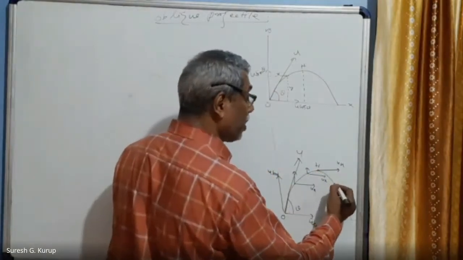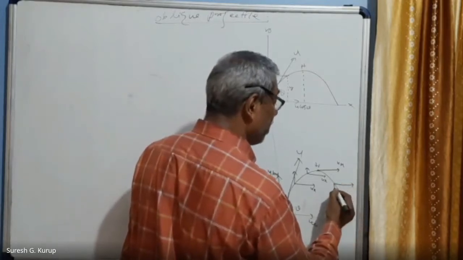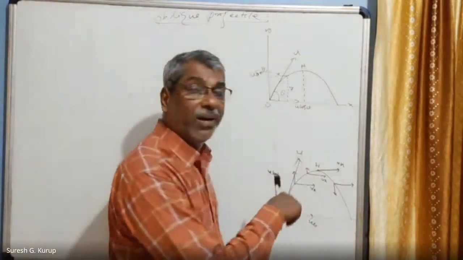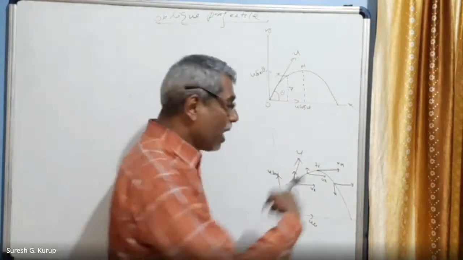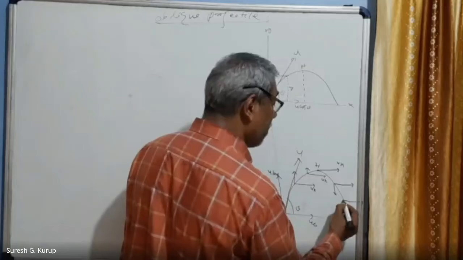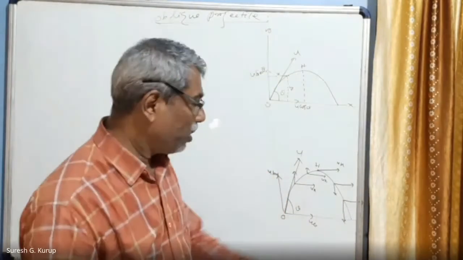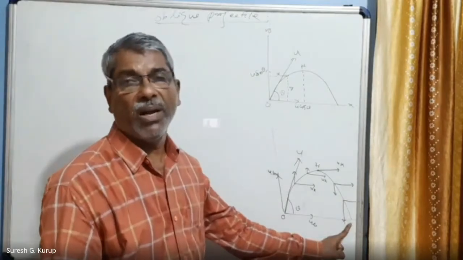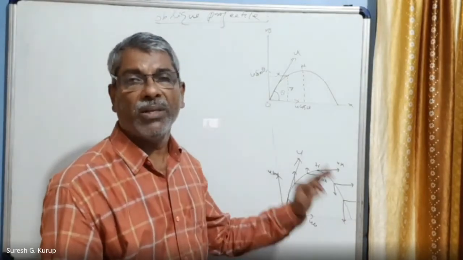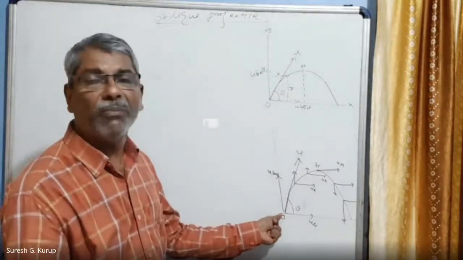Now suppose it comes to this point, again the horizontal component will have the same value, but vertical component now starts increasing. Another point, when you take again the horizontal component will be same, but vertical component again increases like that. And when the body reaches on the surface of the earth, the vertical component will be exactly same as that of the vertical component at the point of projection.